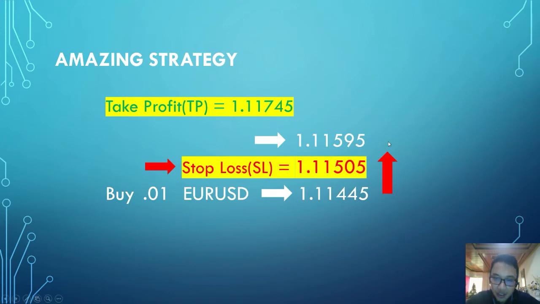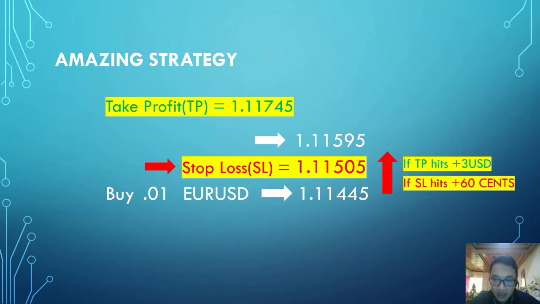If the price reaches your take profit of 1.11745, it would give you positive 3 USD. But when the price drops and it hits your stop loss, you still get positive 60 cents because you trailed the stop loss.